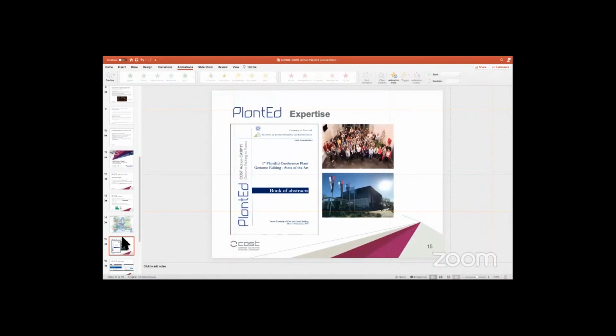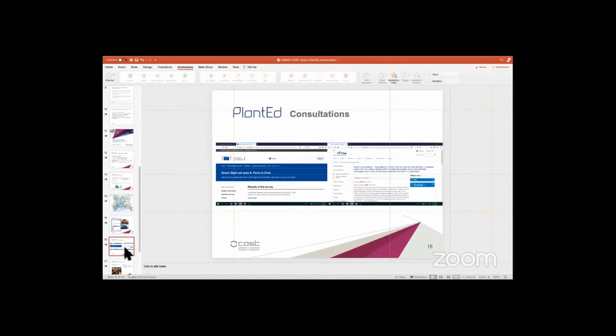We had our first meeting in Novi Sad, Serbia, in November last year. We were supposed to have another one in September of this year, but for obvious reasons that didn't go through. Hopefully next year we will have the second meeting. The action is involved in some of the consultations that are being held by the European Union and EFSA.